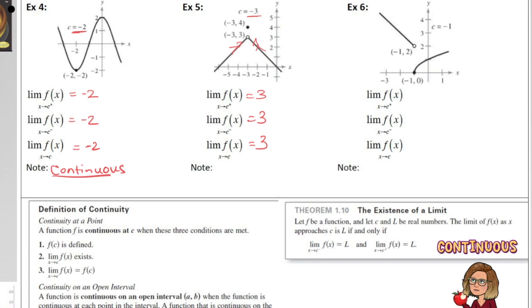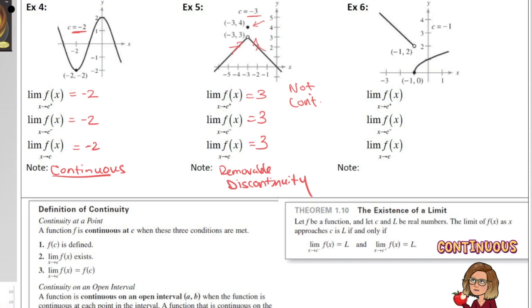I do want you to note here that your domain is going from -infinity to infinity, because even though it has a hole in it, it does jump up, so that's fine. This is a removable discontinuity because you could plug in the hole if you needed to. The limit from the left equals the limit from the right, but it is not continuous because the limit is not equal to the function evaluated at -3.